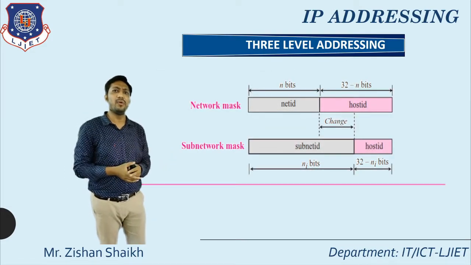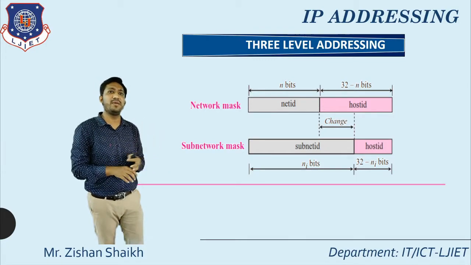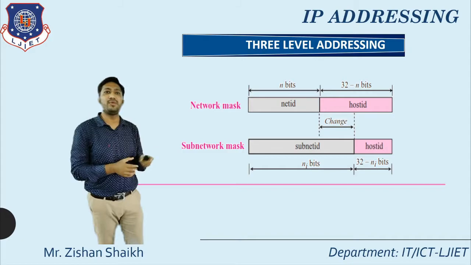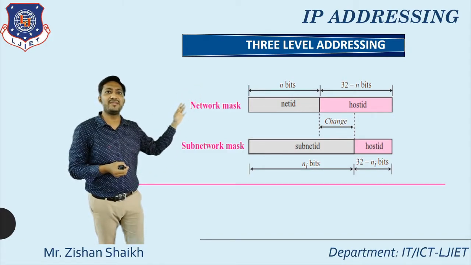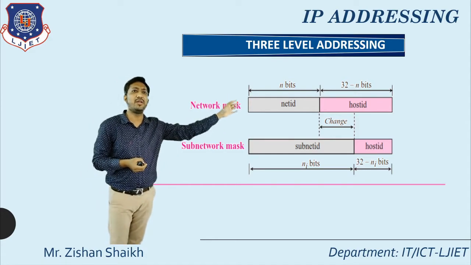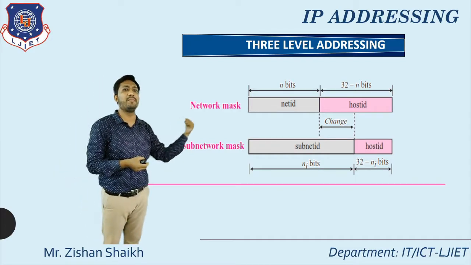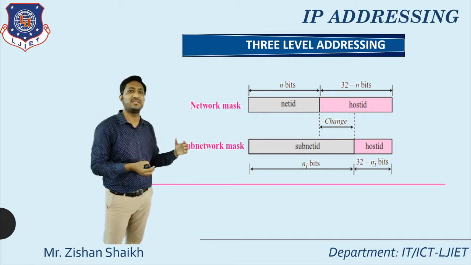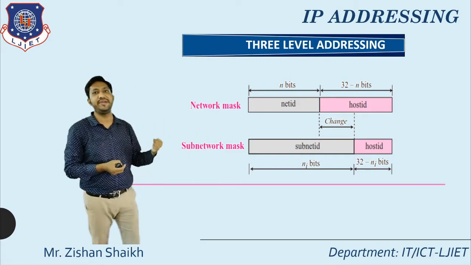Now exactly how is the subnet performing here? For performing subnetting we have to understand the concept of borrowing. For example, in this scenario our network ID and host ID are available. Suppose I want to perform subnetting, then the network takes some bits as a borrow from the host ID.